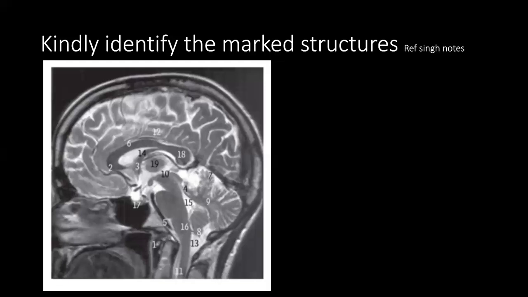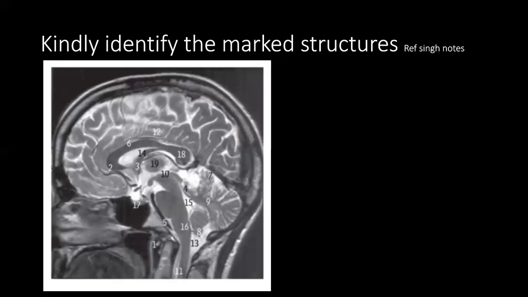Okay, what is tentorium cerebelli? This is the fold of dura supporting the temporal lobes of both cerebral hemispheres on both sides. Okay, and in its relation, what comes?